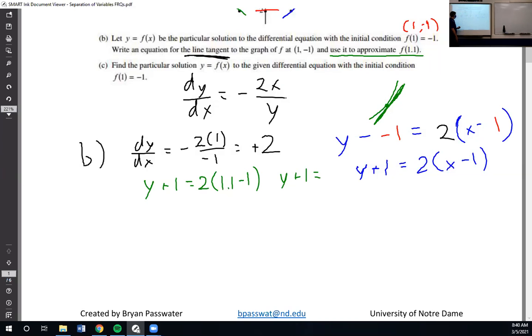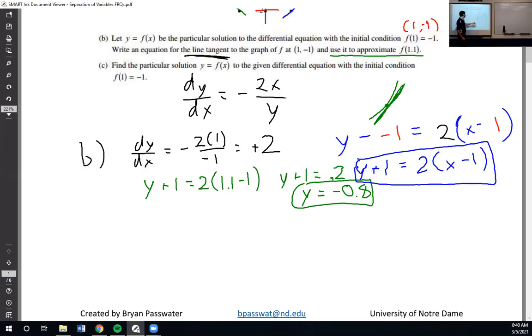One minus 1 is 0.1, times 2 is 0.2. So there's our estimate. Here's our tangent line. Those are our final answers to part B.